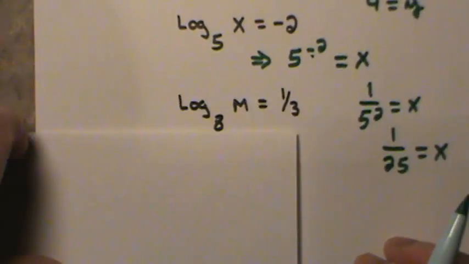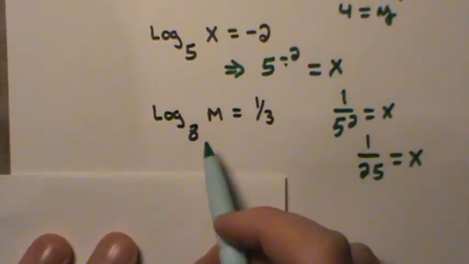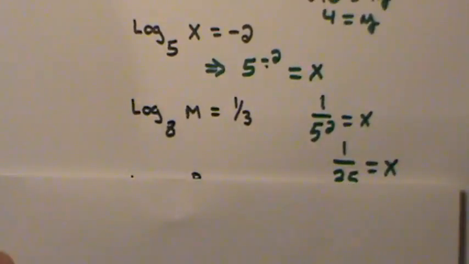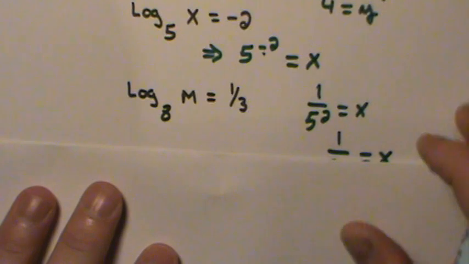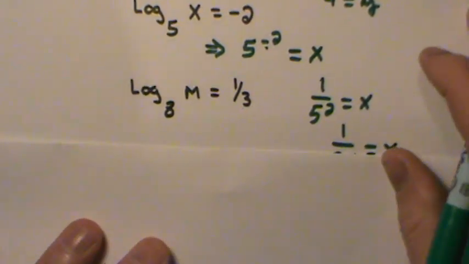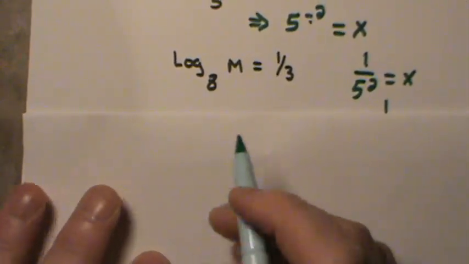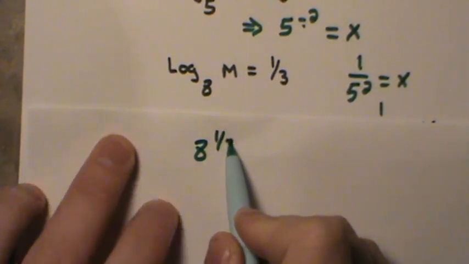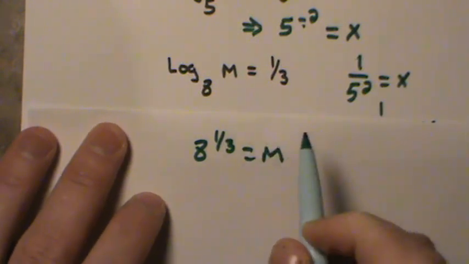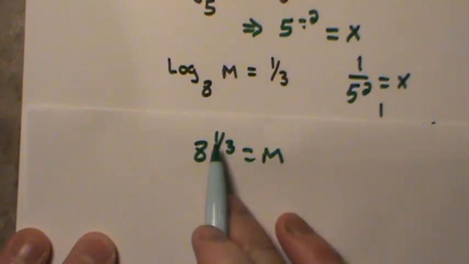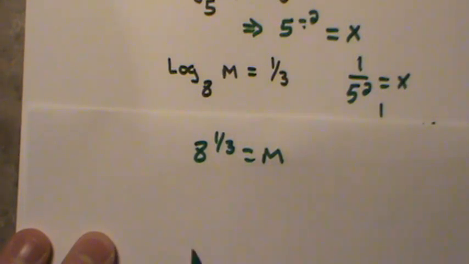And so then let's look at another one, because that kind of leads to the next idea. I've got this log base 8 of m equals 1/3, which means that I could write this as 8 to the 1/3 equals m. And as I just mentioned a moment ago, if you raise something to a fraction, that's a root. So this is a cubed root.